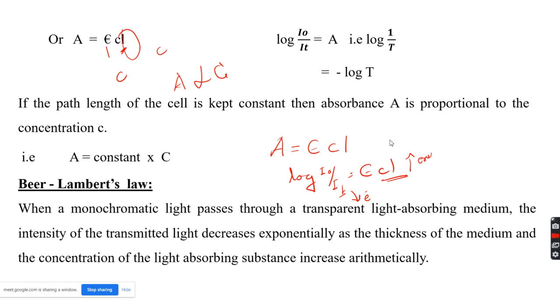This is what we call the Beer-Lambert law. Mathematically, we may express log I0 by It is equal to epsilon CL. This is the theory behind the colorimetric estimation of a substance which can show a color.